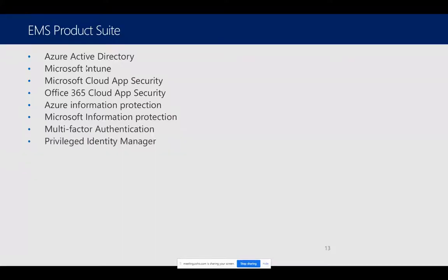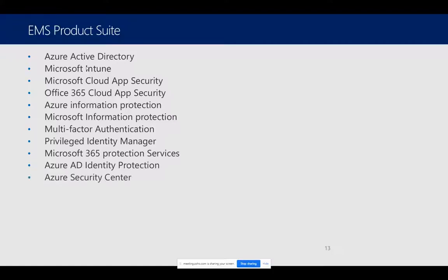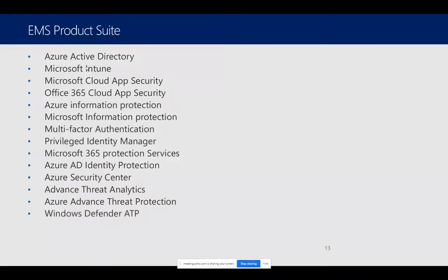You have MFA, PIM, application protection services, identity protection services, security center, advanced threat analytics and protection services, which in today's date are our Windows Defender for Identity and Windows Defender for Office 365, right? We also have our Windows Defender for Endpoint, that's for my end users, and a lot more as compared to other products, and the things that can be met using governance and compliance as a part of my Microsoft 365 suite.